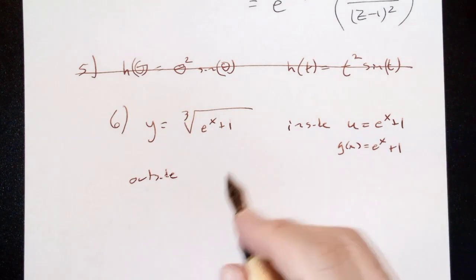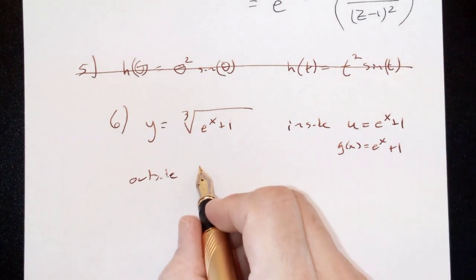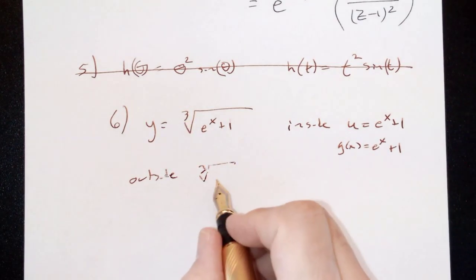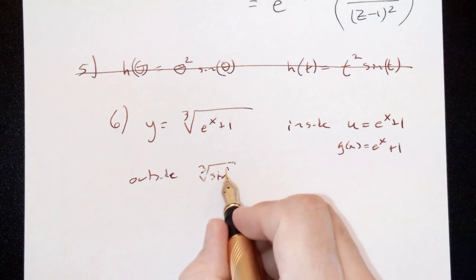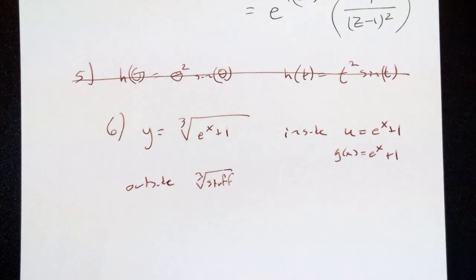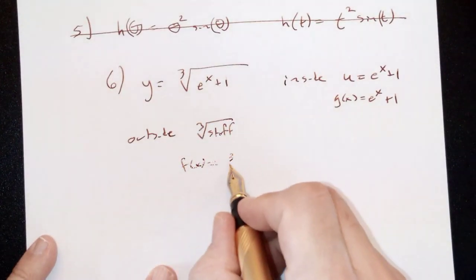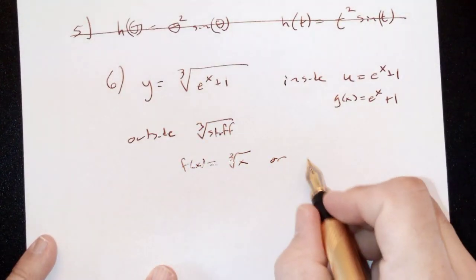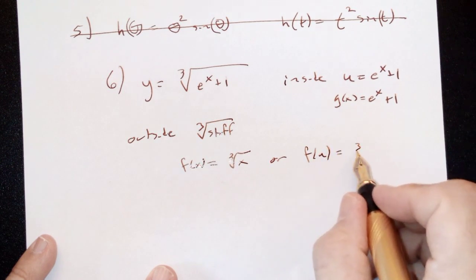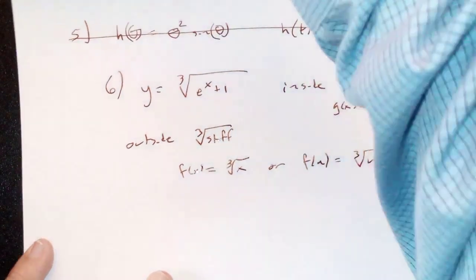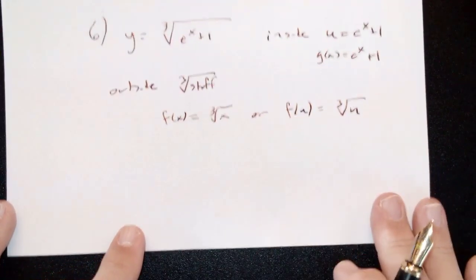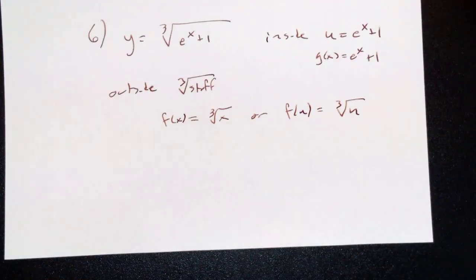Except it's a cube root, right? Cube root is stuff, yes? So I'm going to think of that now as an x, and we could write f of x is cube root of x, or we could write f of u is cube root of u, and so on. So there's a way to differentiate the two. And now it says take the derivative using the chain rule.